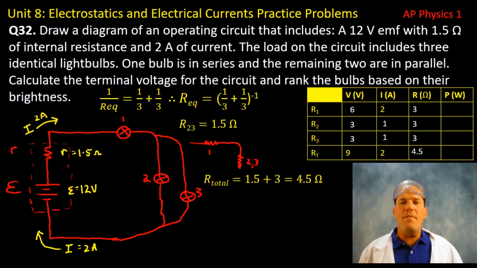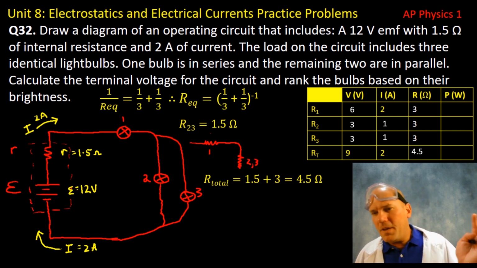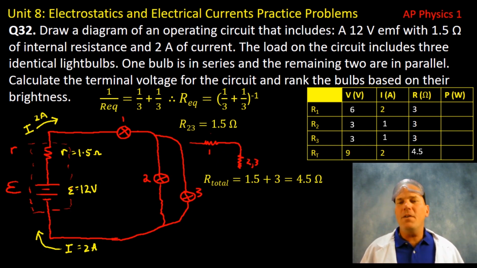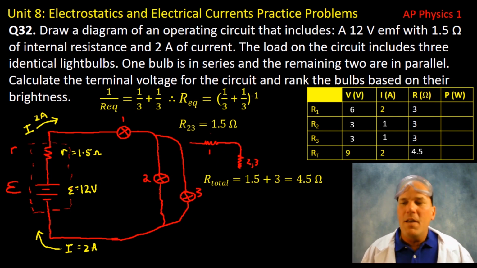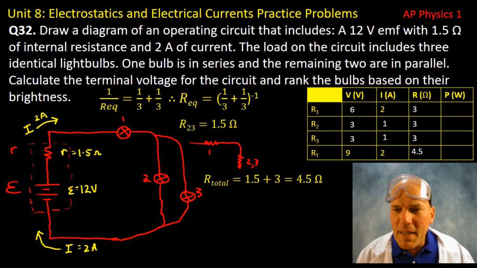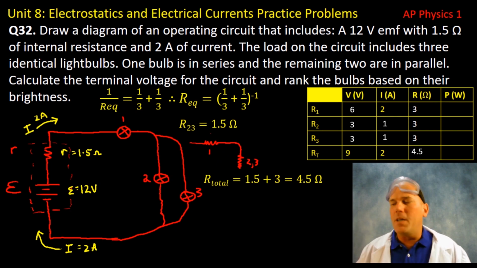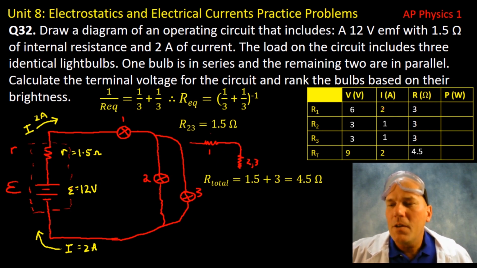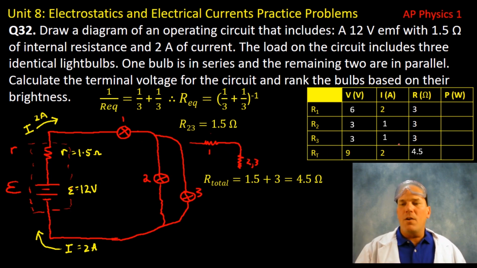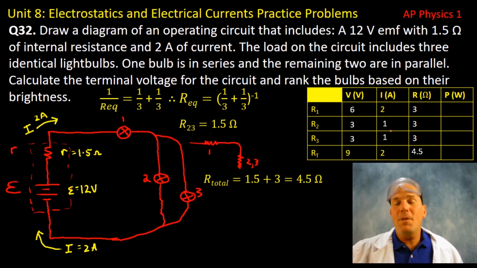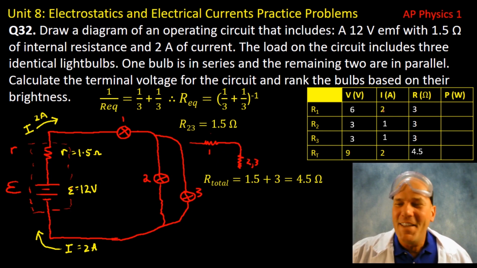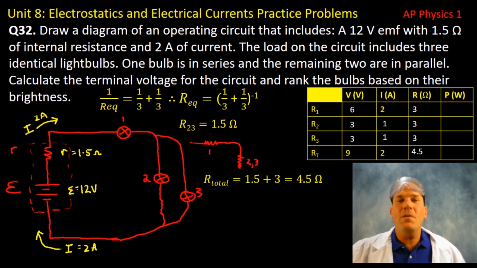So now that we have that, we can go ahead and fill in and find the current. As we predicted, the current through bulbs 2 and 3 are identical and equal to 1 amp, where that branch occurs, and then they come back together to give the 3. So here, current 2 plus 1 is 3. Our total current is 2, which we saw through the first light bulb, and we see that as the total.